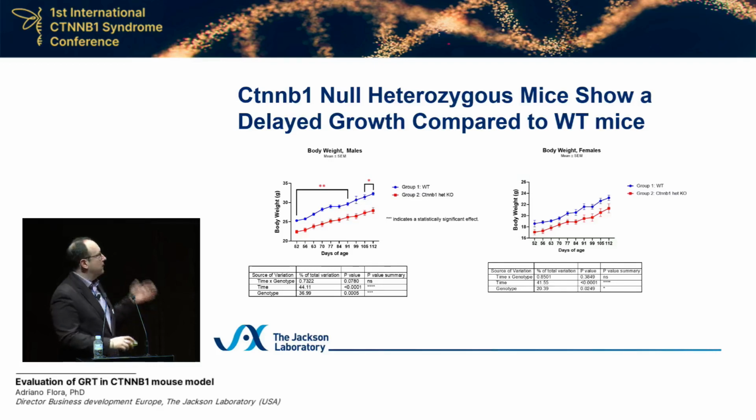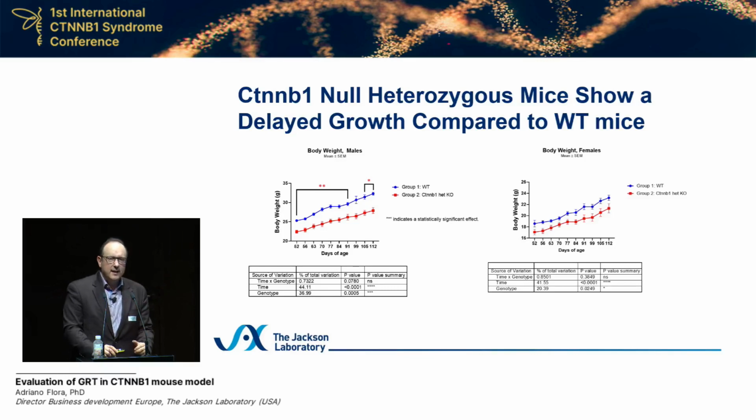The difference is not huge, it's only about 10% of the weight of the mouse. However, it's very, very consistent. So we think this is an initial phenotype that is pretty easy to follow. The mice are smaller than the littermates.